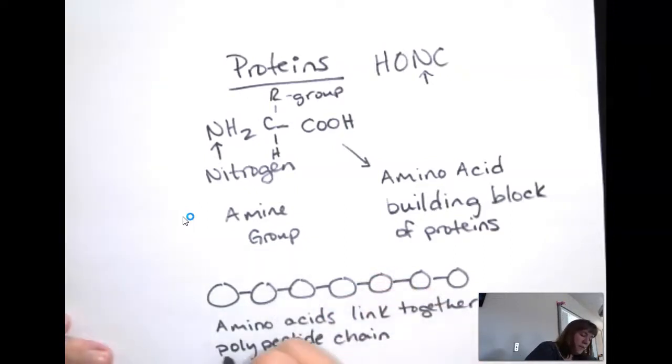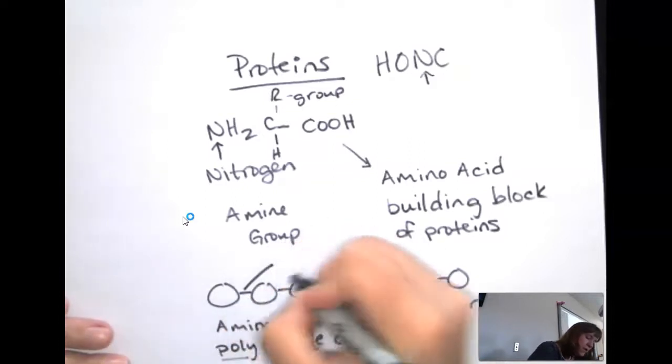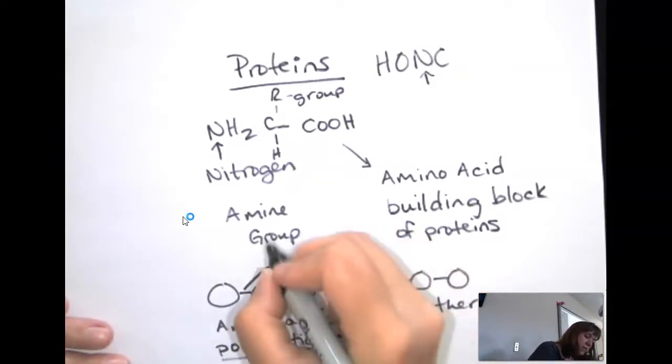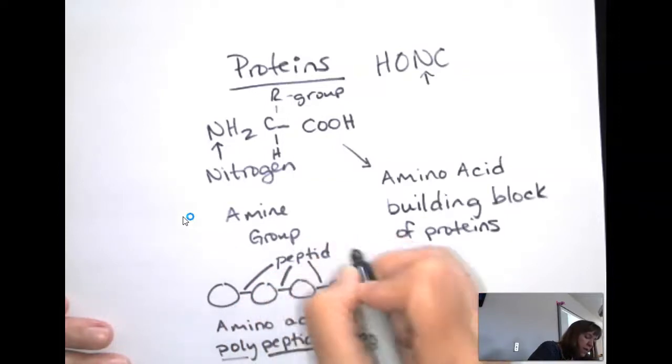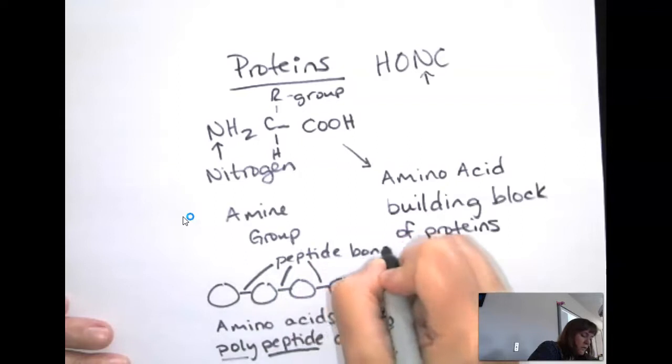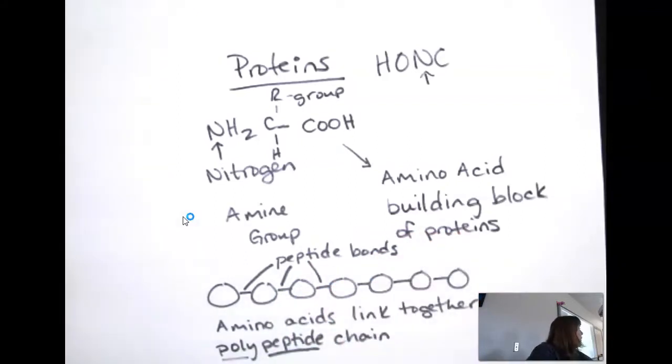Poly means many. So where does this peptide come from? These bonds in between the amino acids are called peptide bonds. All of these amino acids are going to be linked together in a certain order with peptide bonds. So proteins can be called polypeptides.